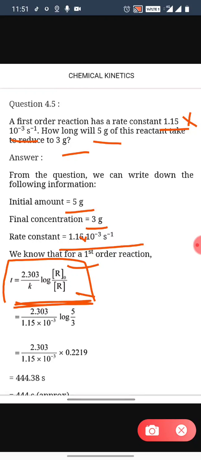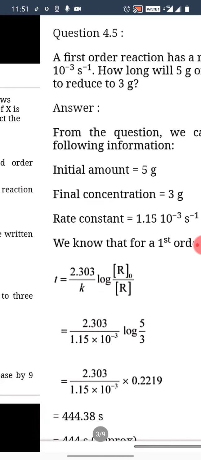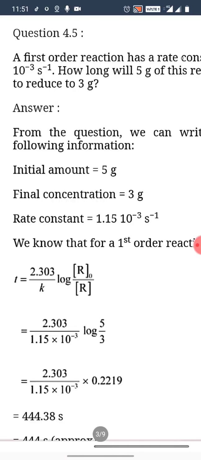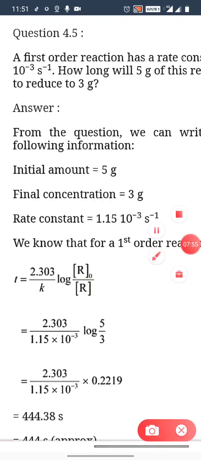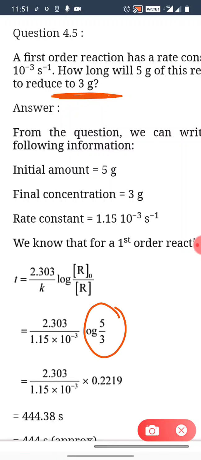So the equation will get modified as 2.303 upon 1.15 × 10 raised to the power minus 3, as you can see here, into log of 5 upon 3, because it has reduced to 3 grams. As you can see in the question, it has reduced to 3 grams. That means this is the leftover. This is the final concentration.